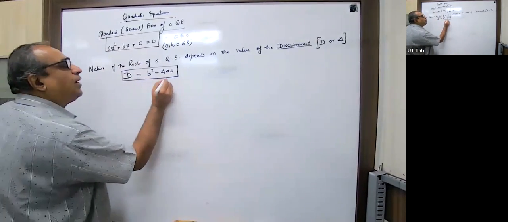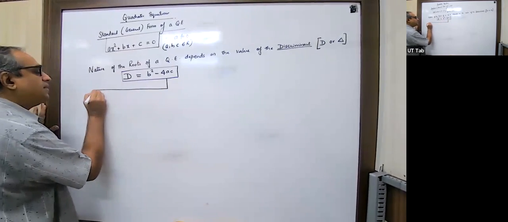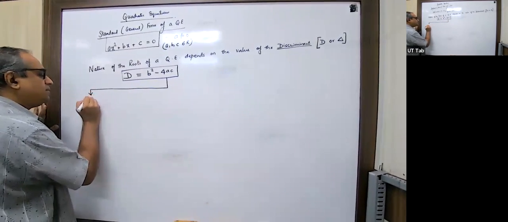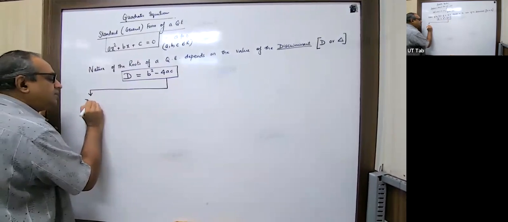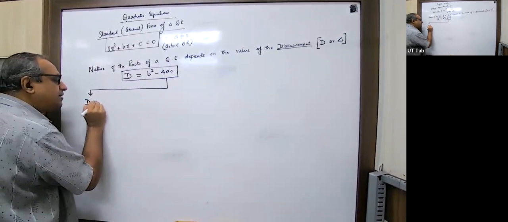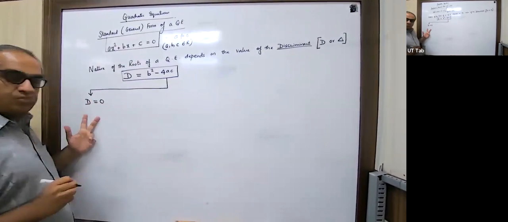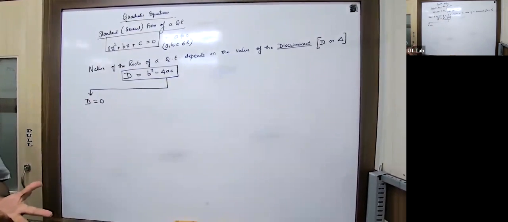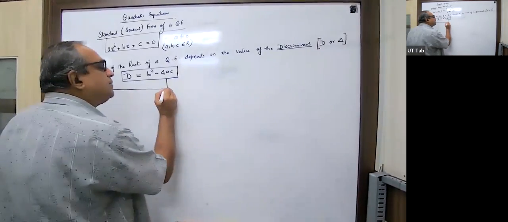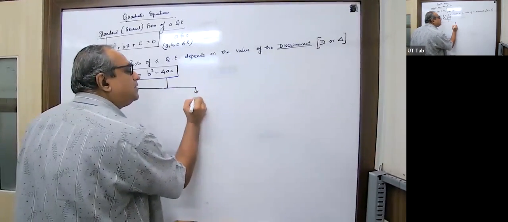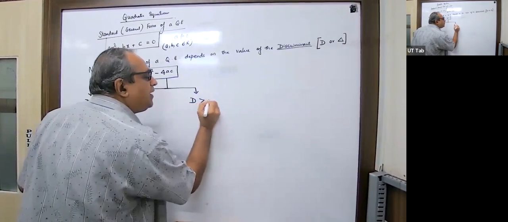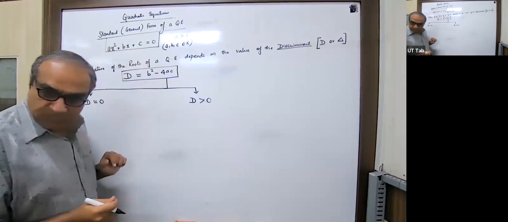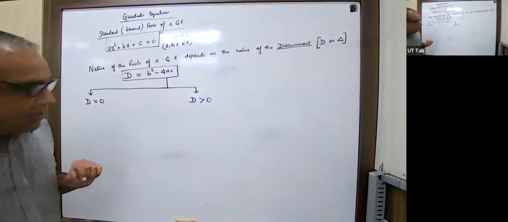Now this b squared minus 4ac can be equal to 0. इसका वैल्यू 0 हो सकता है. ठीक है? This discriminant may be greater than 0. ठीक है?